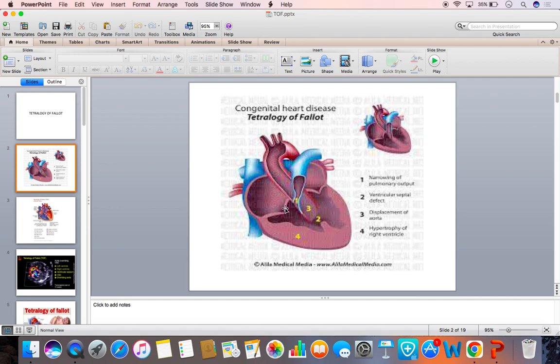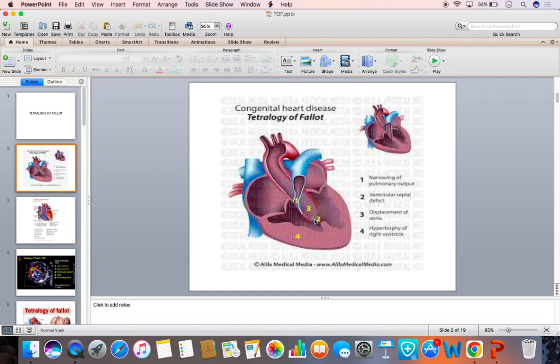Here, the main important determinant of developing these anomalies is the anterior deviation of this outlet septum that results in the compression of the right ventricular outflow tract. Then further development of the malaligned ventricular septal defect.